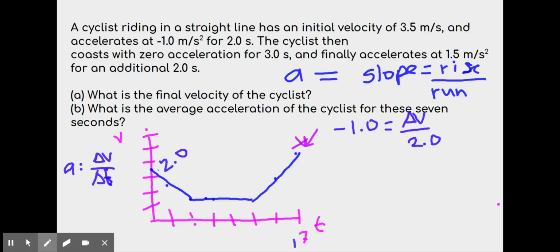In this flat section, we don't even need to do any math: if the acceleration is 0, that velocity change is also 0. And on this part moving upward, we have an acceleration of 1.5 that is going to occur for 2 seconds, so the velocity over here is 3.